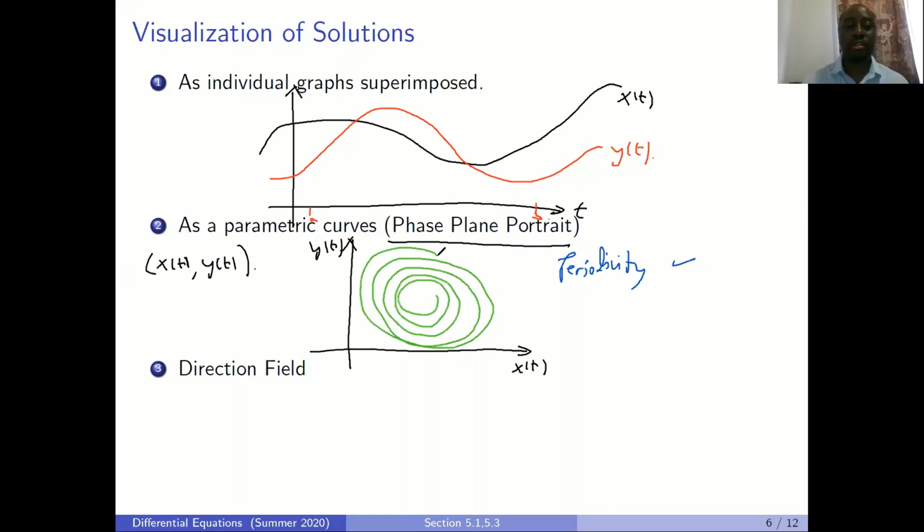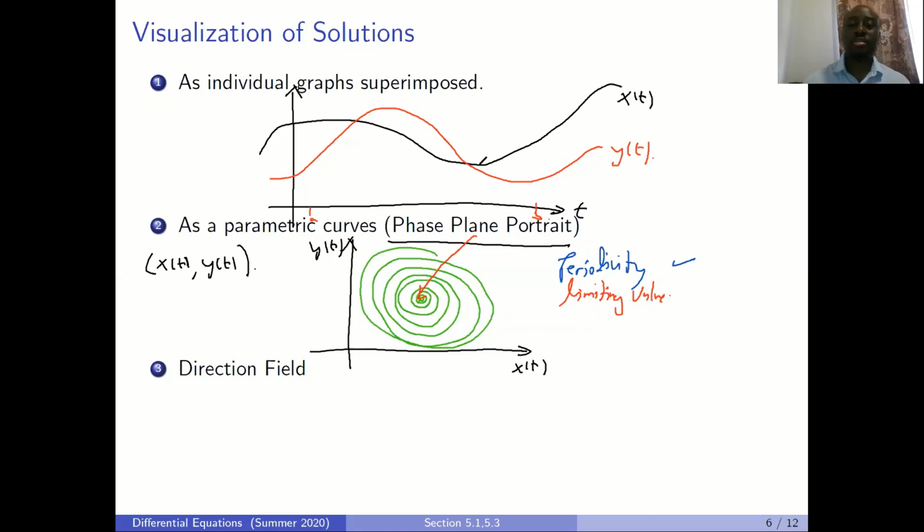It's like a spiral, and eventually it gets closer and closer and closer to some point. Okay, and so you can identify that, oh, it looks like my solutions converge to some limiting value. And that is important information to have. Okay, and you can do this with the phase plane portrait.